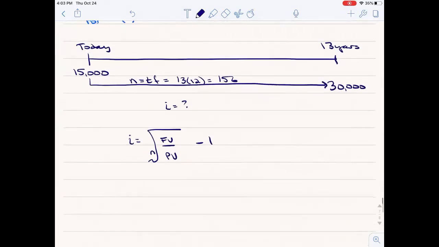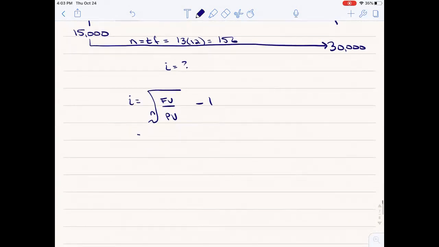So we know the future value, we know the present value, we know n, so we know everything that we need in order to solve for I. And so here we go. So we've got the 156th root of 30,000 divided by 15,000, and then minus 1. That minus 1 is outside the root. All right, so just be careful.